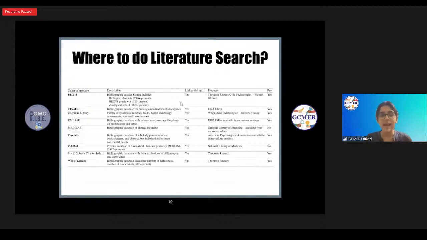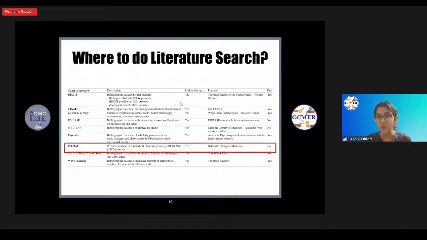But I can tell you that my go-to place for doing literature search is PubMed. I only refer to PubMed. At the most, I might go into ResearchGate or Web of Science, but most of my literature search is done on PubMed. But that's a completely personal preference.